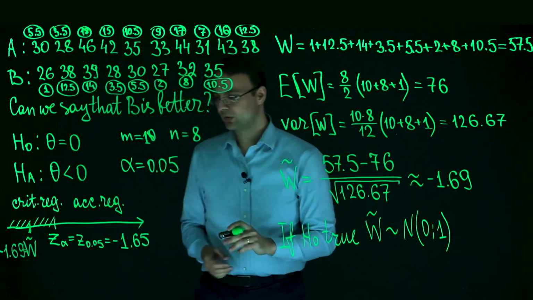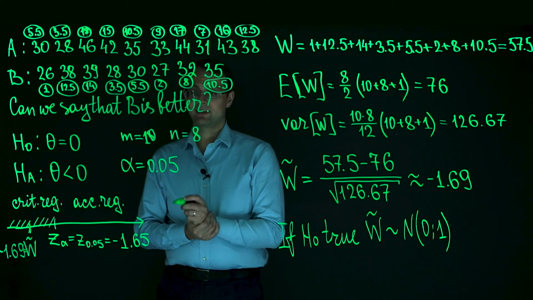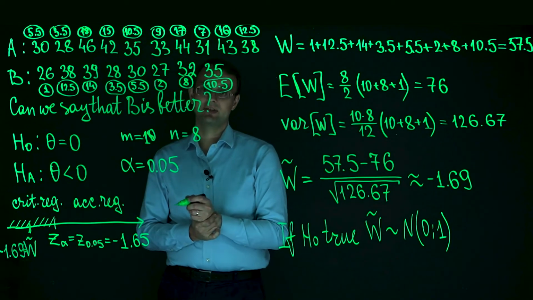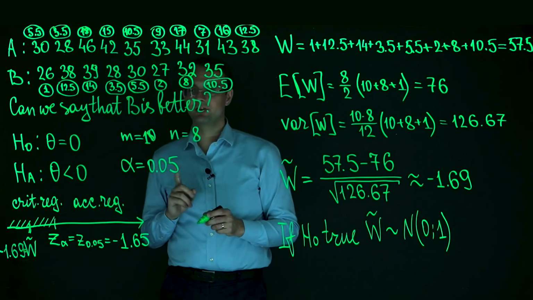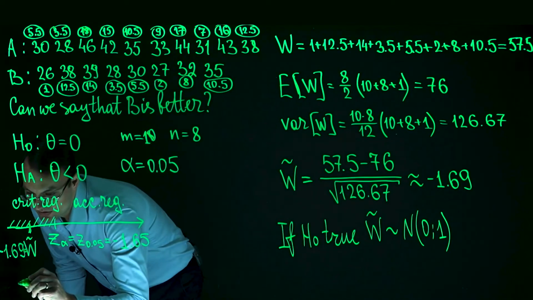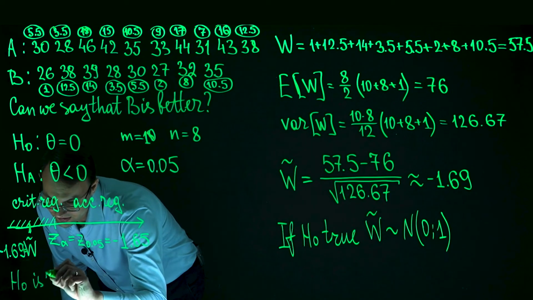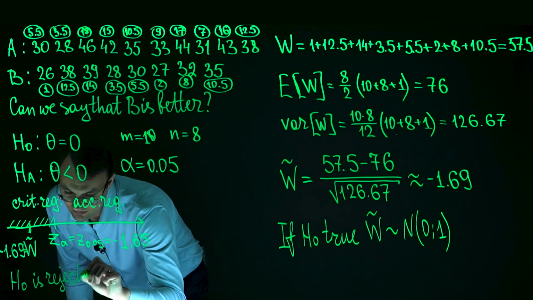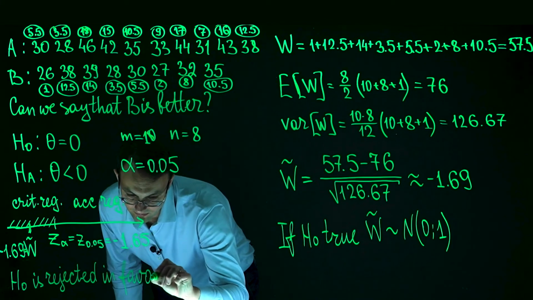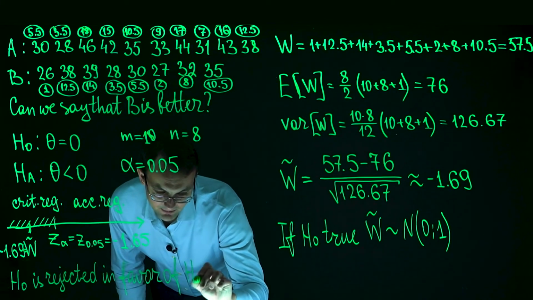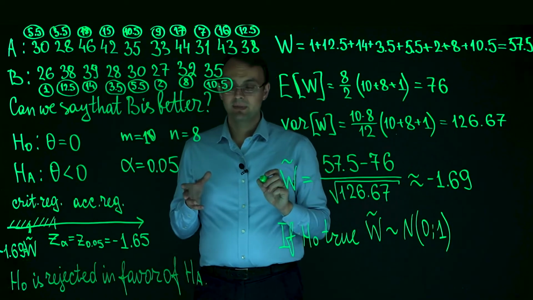And so what does it mean? It means that as the observed value of the test statistic falls into the critical region, we reject the null hypothesis in favor of the alternative one. So H0 is rejected in favor of HA, the alternative hypothesis.